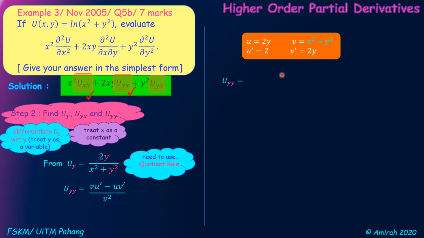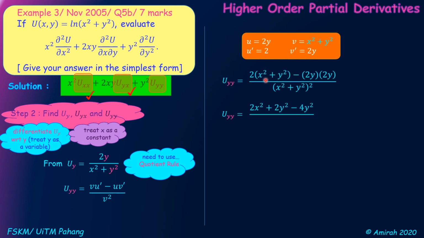After that, we can find uyy. We substitute into this formula. v times u', so we have 2 times (x squared plus y squared), and then a minus sign, and then u times v', so 2y times 2y, and then over v squared, where v equals x squared plus y squared. And after that, we expand the numerator.